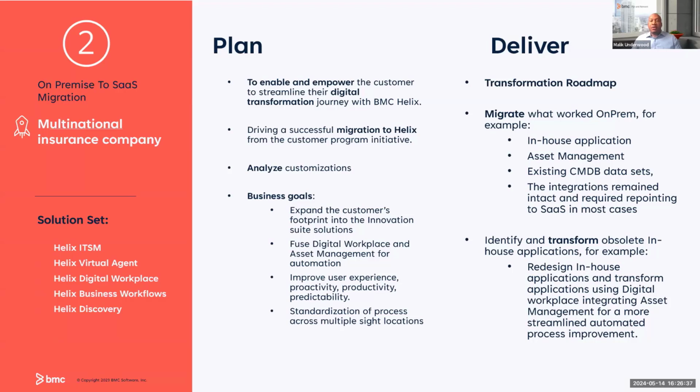That strategic roadmap included a migration to Helix as well. But first and foremost, we did some transformation activity to help them achieve that goal, mirroring what they used to do with this homegrown application and bringing that directly into digital workplace, adding the value to automate asset management and CMDB, and giving them the value of their tool set.